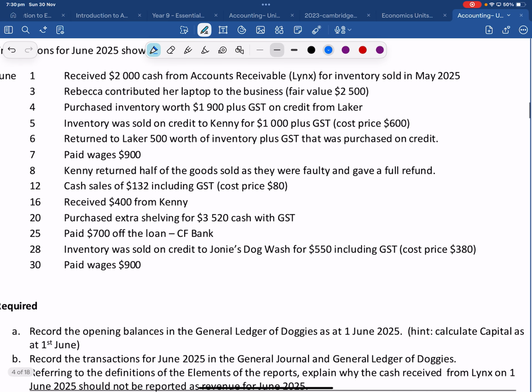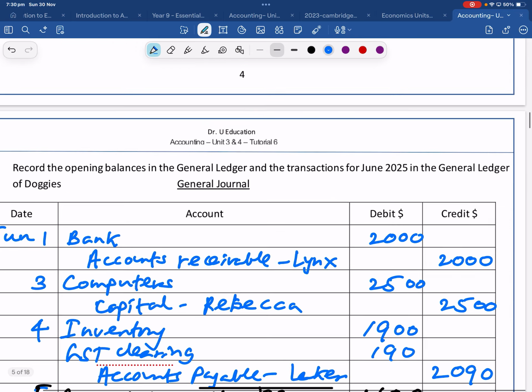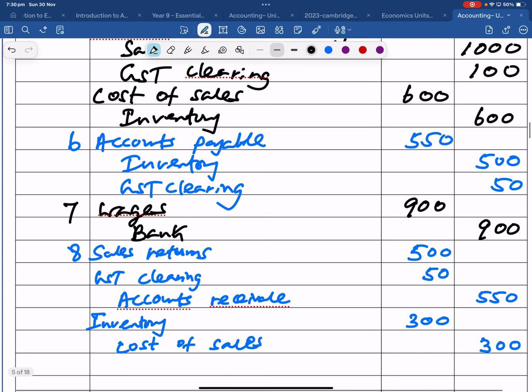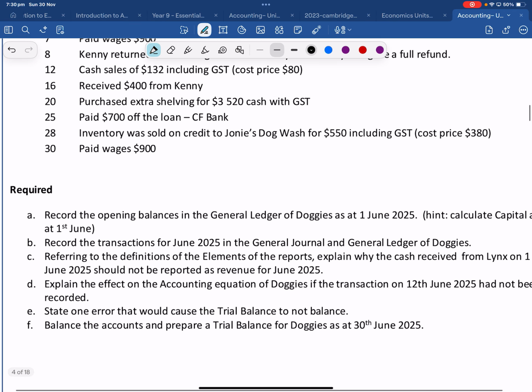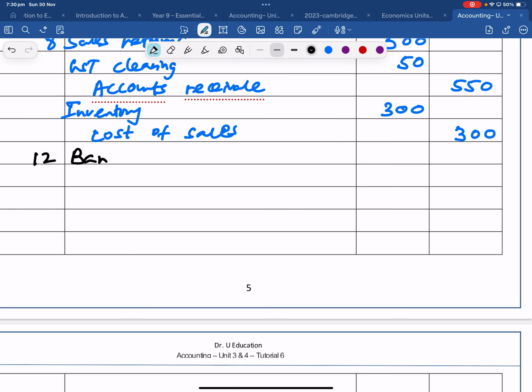Next, cash sales 132 including GST. Cost price is 80. What's the double entry for that one, guys? Bank says GST clearing. Very good. Bank debit, how much, Christian? 132. Then where do you credit?